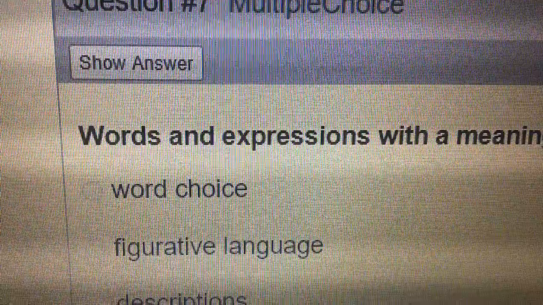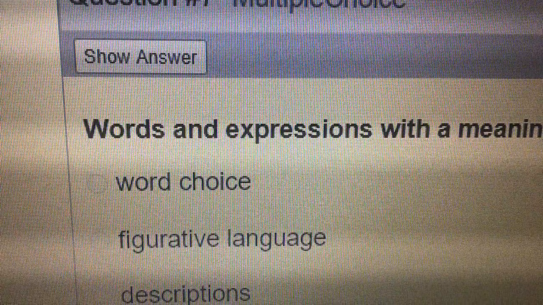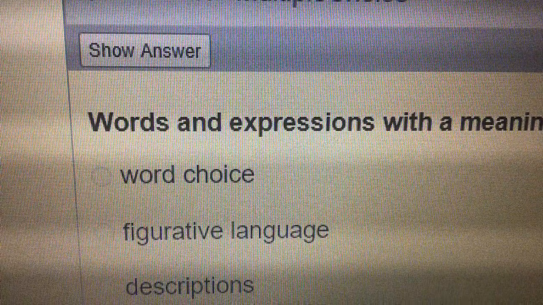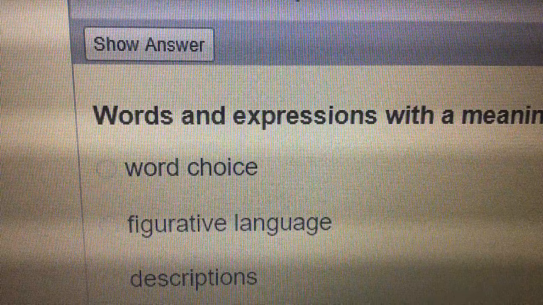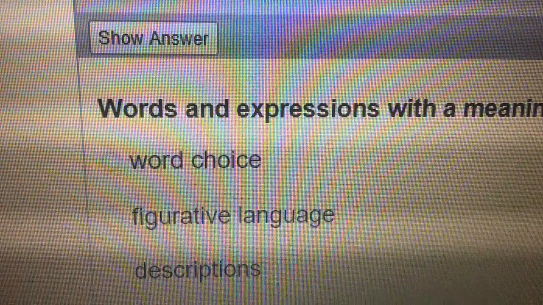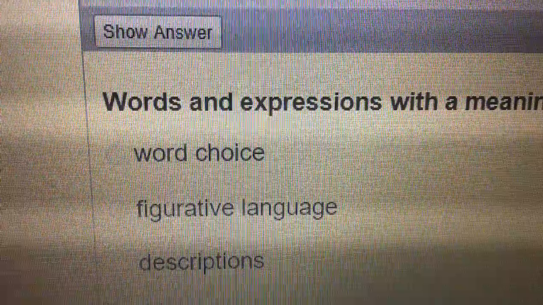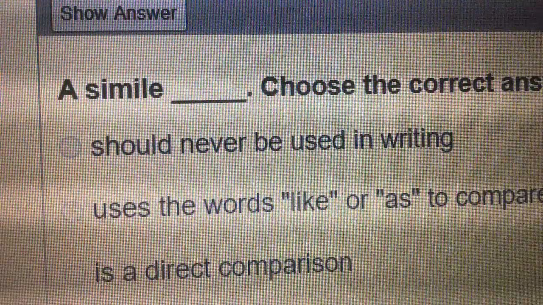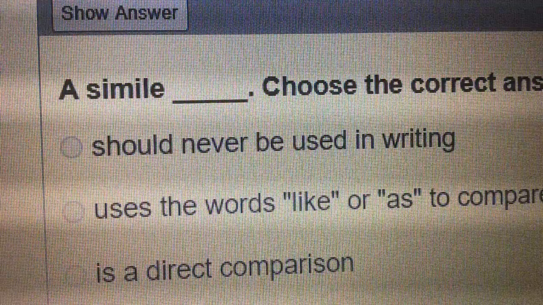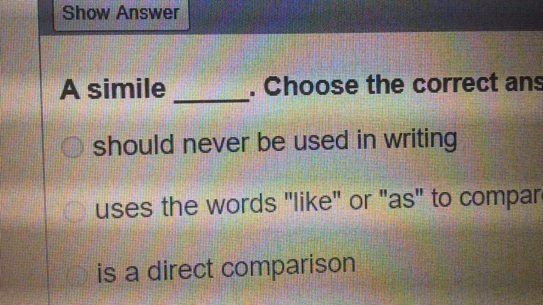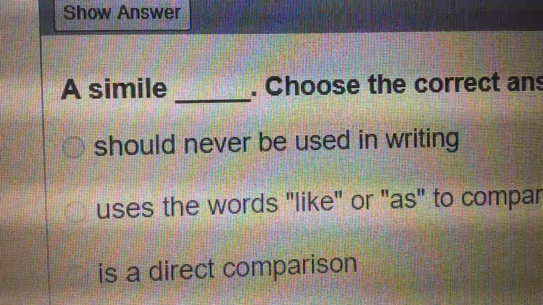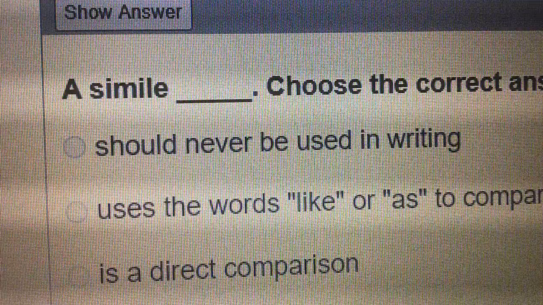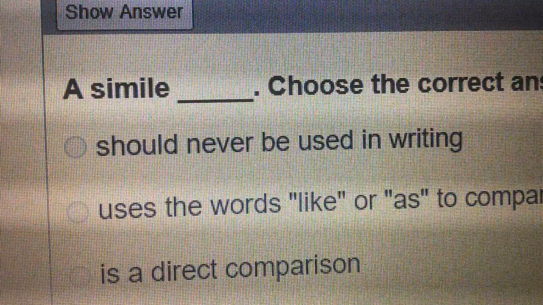Question number 7. Words and expressions with a meaning beyond the literal meaning are called blank: word choice, figurative language, descriptions. Question 8. A simile blank should never be used in writing: use the words like or as to compare, is a direct comparison.